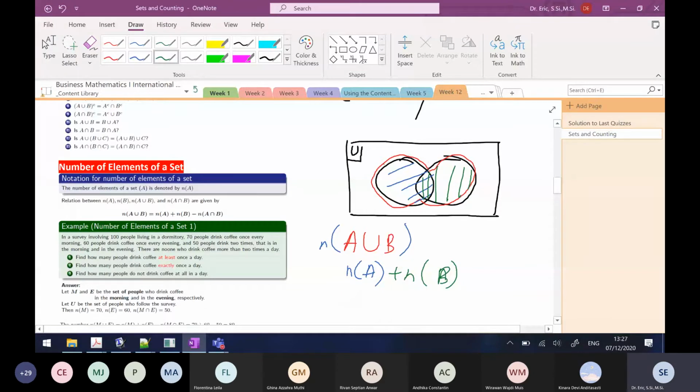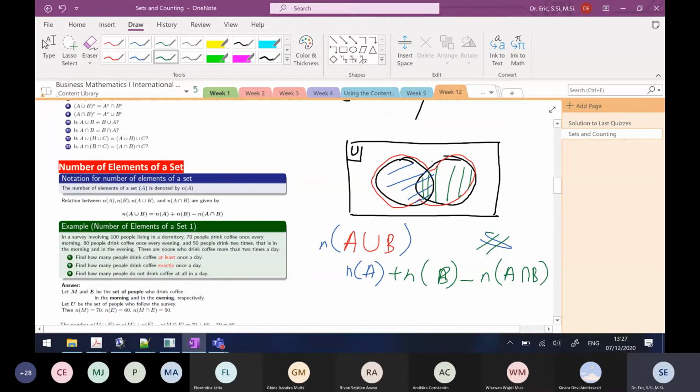So if you want to find the union, you have to subtract the intersection.